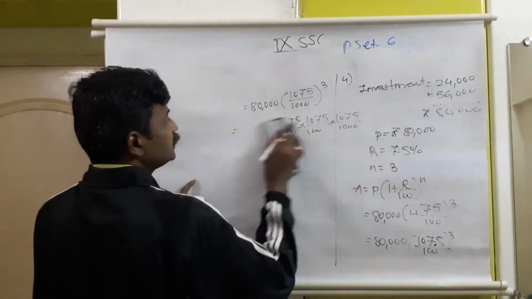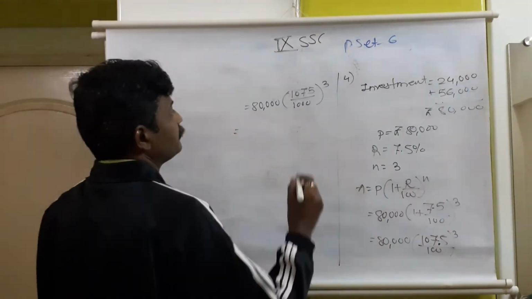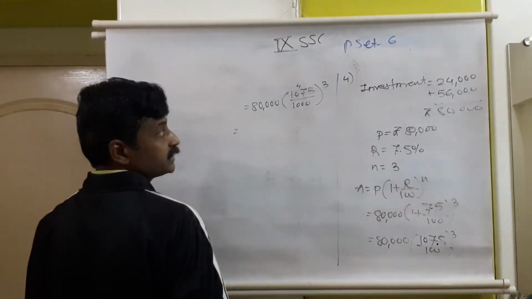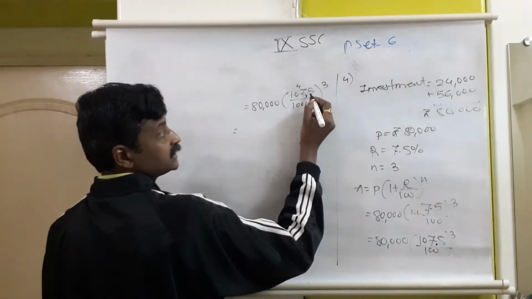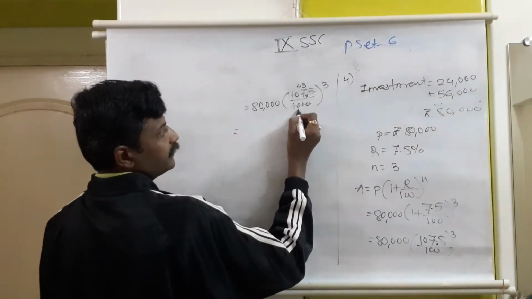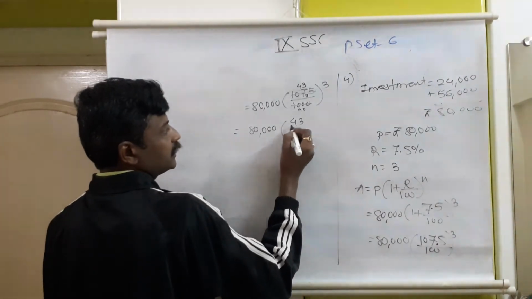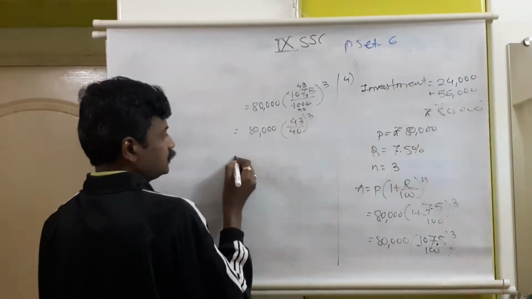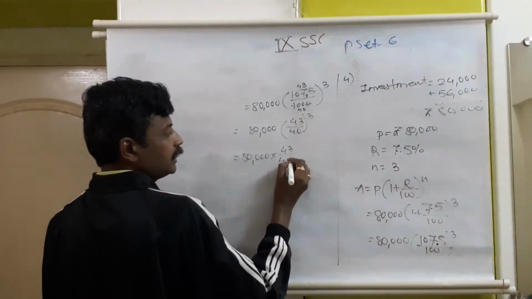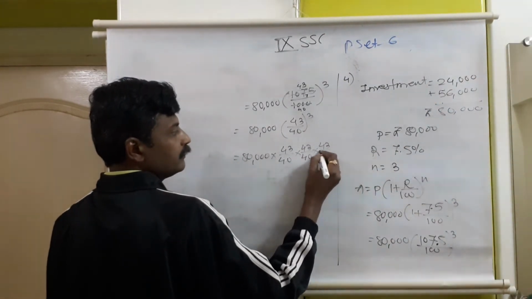So first we will simplify the bracket to make it simpler. If we try by 25, see here, 25 fours are 100, remainder is 7, it forms here 75. 25 threes are 75, and then 25 fours are 100 and 0, so it comes 80,000 into bracket 43 upon 40, bracket raised to 3. 80,000 multiplied by, it is a cube, so 43 upon 40 into 43 upon 40 into 43 upon 40.